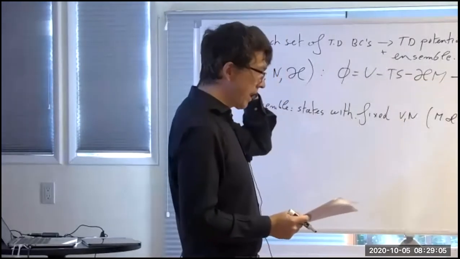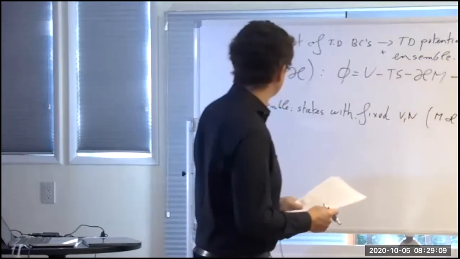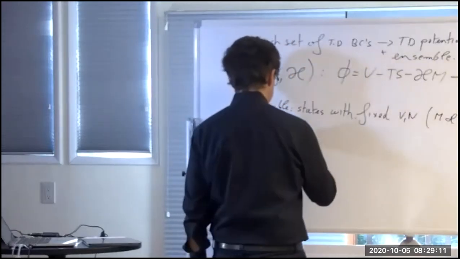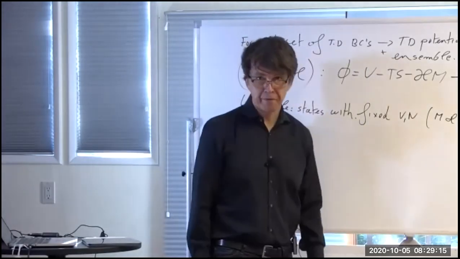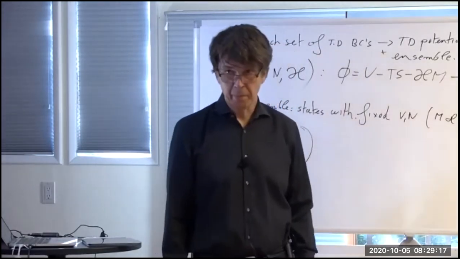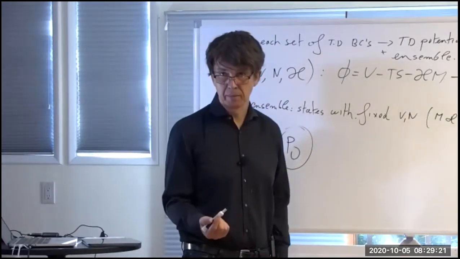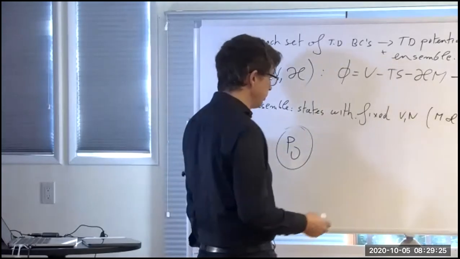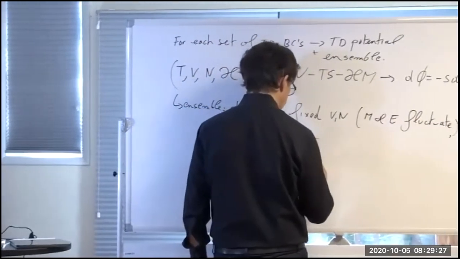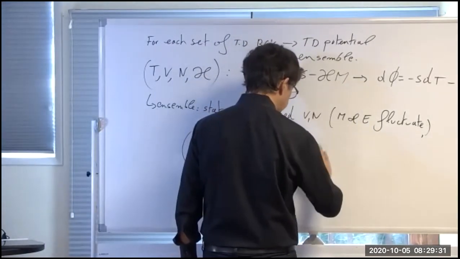So once we define the states, we now have to get to the probability of a state. So the question is, how do we find the probability of a microstate in the ensemble? Because once we know that, then we can in principle do this sum over all the microstates of any property, right?